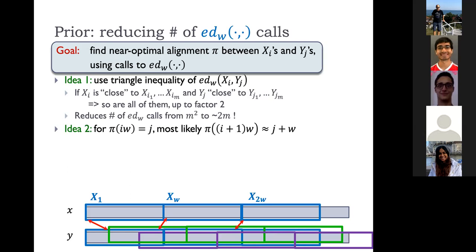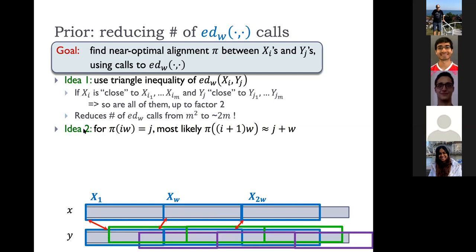Idea two is something a little bit more specific to edit distance, perhaps. Let's say some string x1 matches to this y which starts here, maybe it's y100. Well, if I look at xw, and the edit distance is relatively small, then this means that the corresponding start position where xw should match should be proportionally further away.